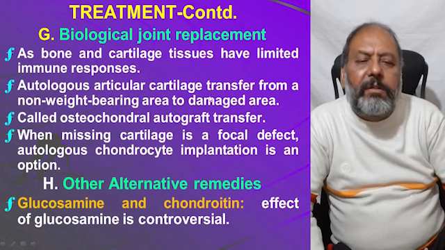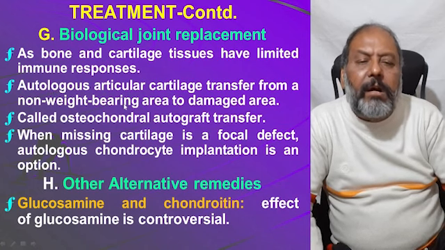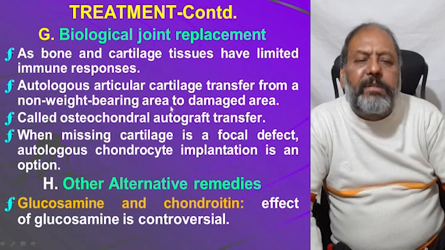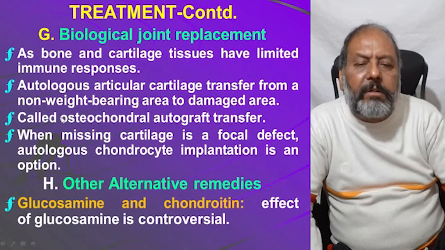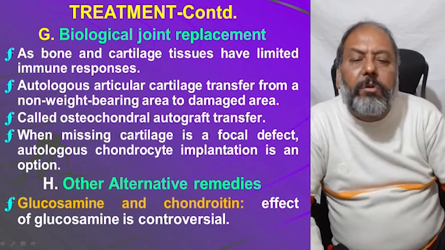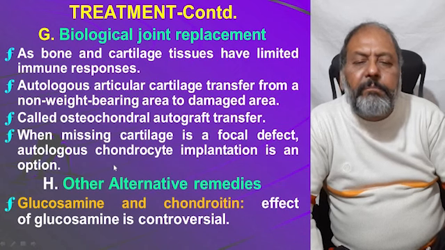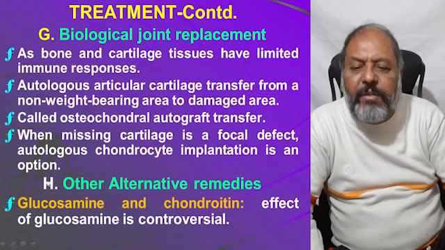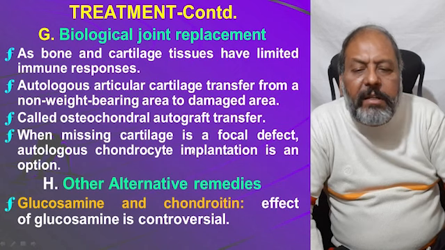Transfer of autologous articular cartilage from a non-weight bearing area of the same person to the damaged area is called autologous articular cartilage transfer. It is also called osteochondral autograft transfer. When missing cartilage is a focal defect, autologous chondrocyte implantation is another option.